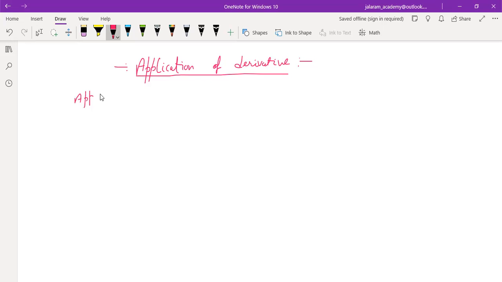It can be used to find the approximate values of square roots, cube roots, or fourth roots or other radicals.